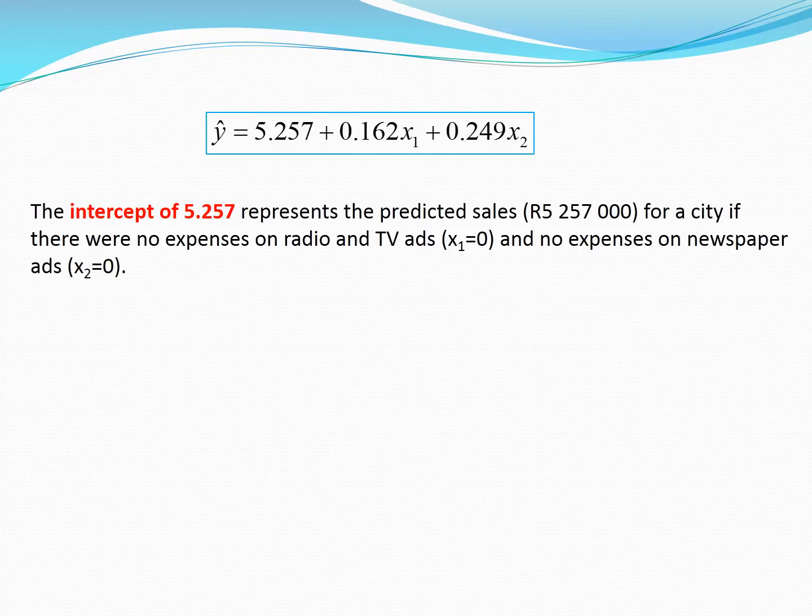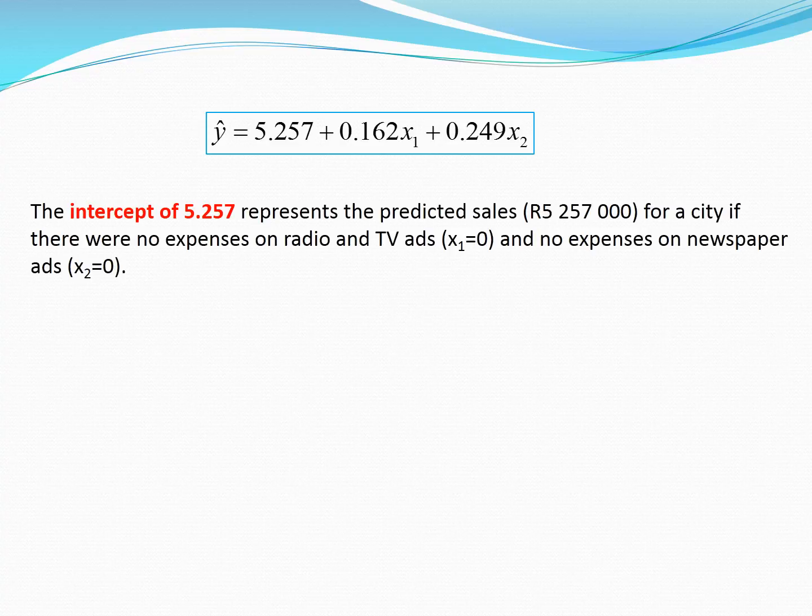Our B0 is equal to 5.257, so that means that our sales will be 5,257,000, since it was measured in millions, if there's no expenses on radio and TV advertisements and no expenses on newspaper advertisements. Then B1 is equal to 0.162.